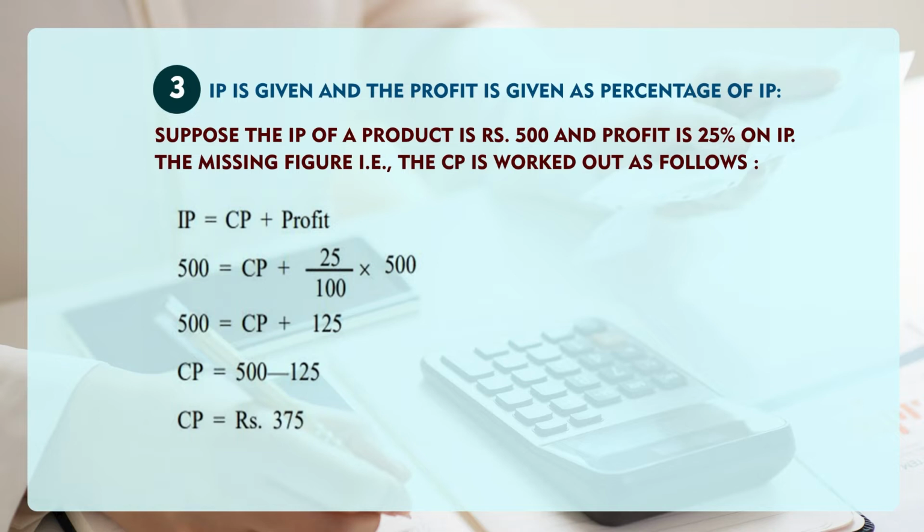So, 500 is CP plus 25% of 500, that is 125. So, CP is equal to 500 minus 125, cost price is equal to 375. This is the third situation.